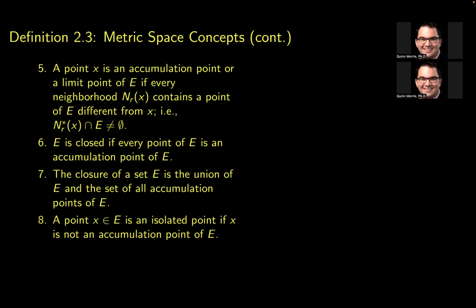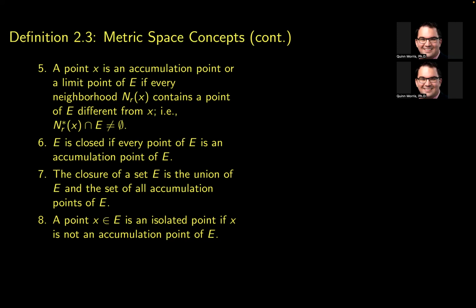Now, the next piece, number five, talks about something called an accumulation point. Accumulation points are going to be really important when we want to start rigorously defining limits, because they really tell us about the types of points where we can think about taking a limit.